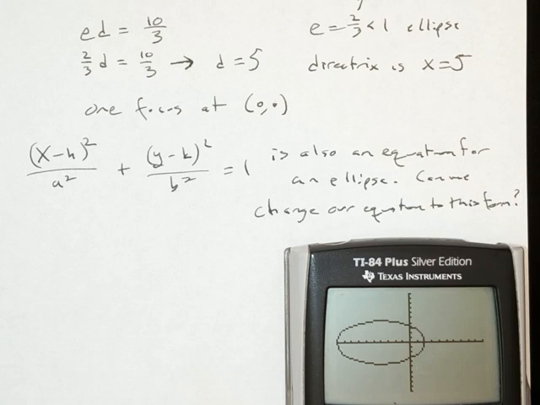They were the vertices. And on the equation, the vertices came from A, and the minor axis parts came from B, right? And the foci came from C. So I actually have the information I need to get some of these.